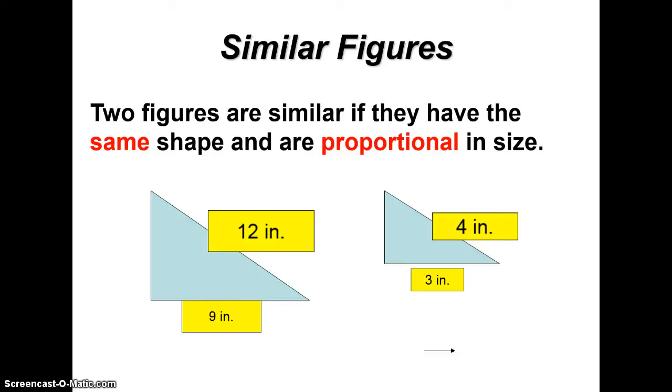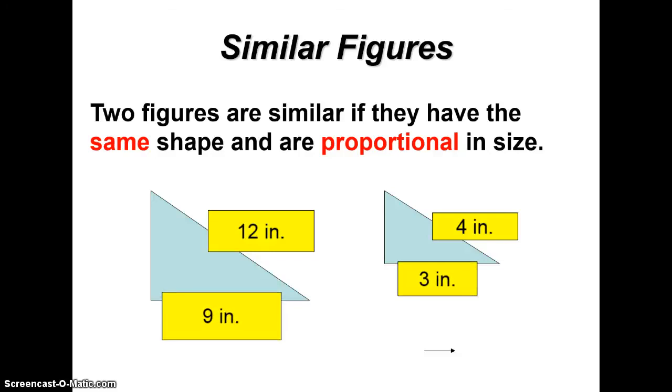All right, so we've got these two hypotenuses. We're going to set up a ratio comparing those two sides in the larger triangle to their corresponding sides in the smaller triangle.